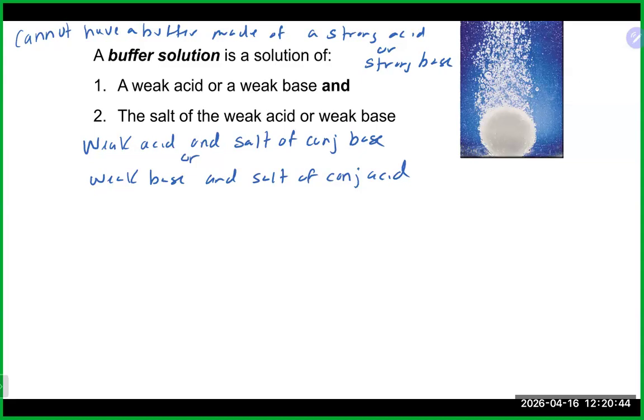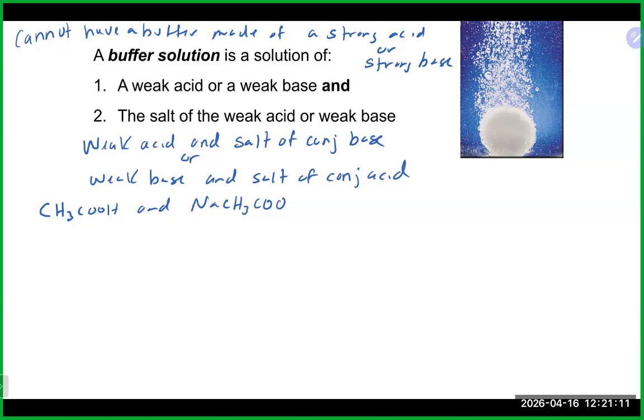So why does it work, or how does it work to do that? It works by having both of those things in the solution to begin with. So if you made a buffer out of acetic acid and sodium acetate, which is everybody's favorite buffer combo, you're going to have that common ion effect that we just talked about.